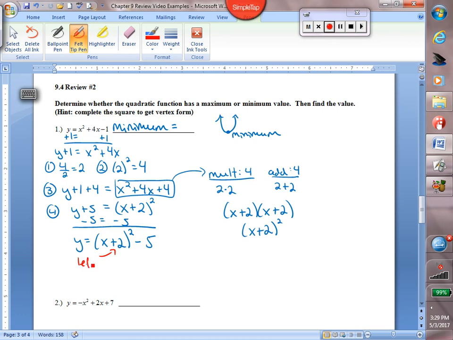Adding 2 in the parentheses means we go left 2. Subtracting 5 outside the parentheses means we go down 5. So the vertex is left 2, down 5. And then from the vertex, our minimum value is the y value from the vertex.